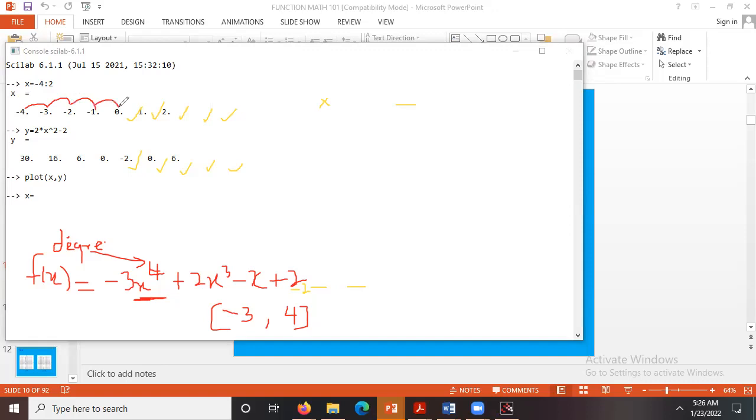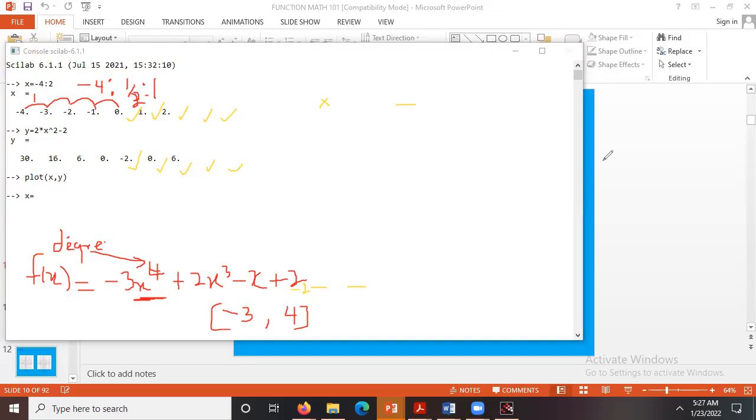But if I want a very smooth graph, I can change the intervals. Instead of using 1 as an interval, I'd rather use half. So 1 is to half is to 1. And I'm going to do the same here.